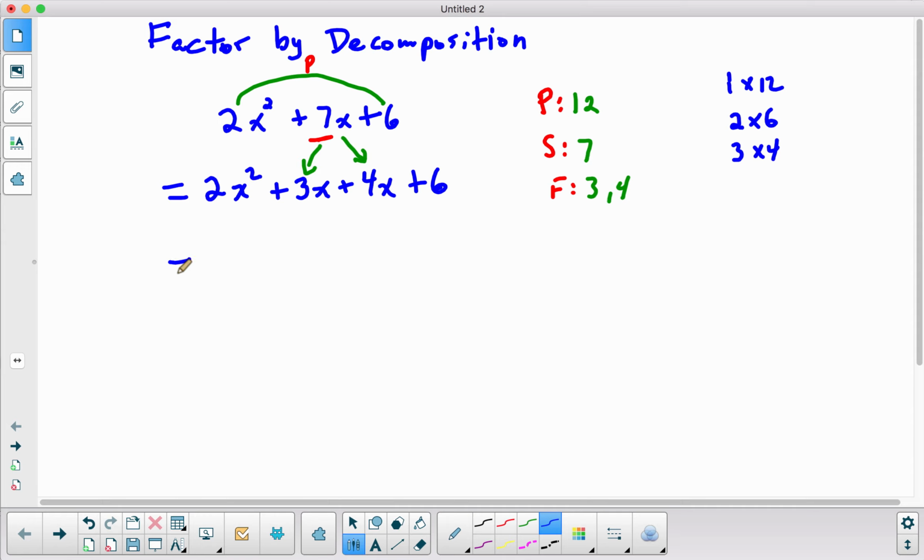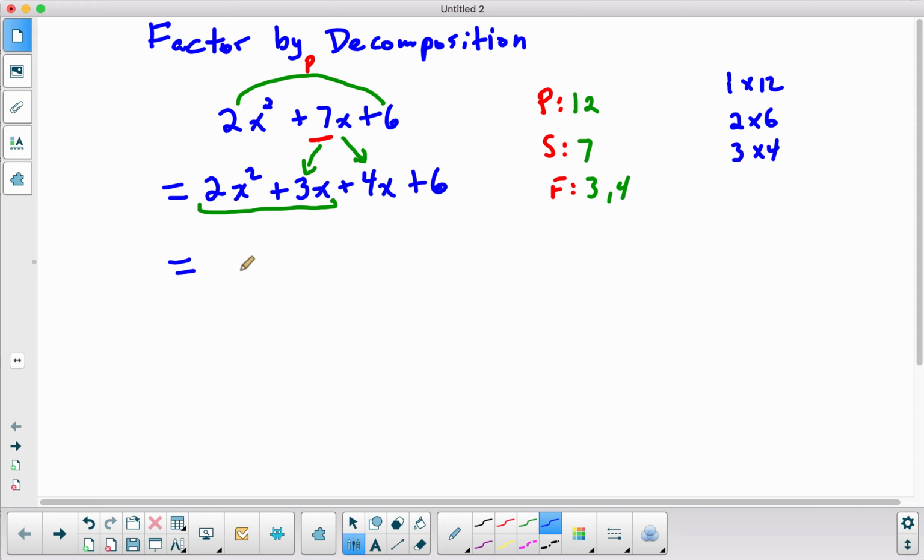Now we have four terms, so we're going to look at this in two parts. We look at the first two terms, 2x squared plus 3x. Is there a common factor in these first two terms? Yeah, there is. This 3x has an x in it, and this 2x squared has an x as well.